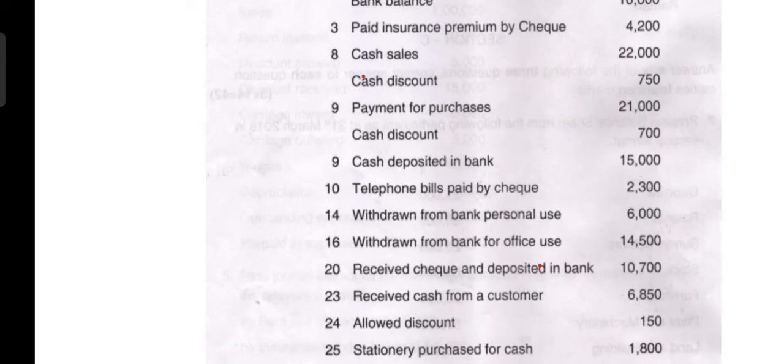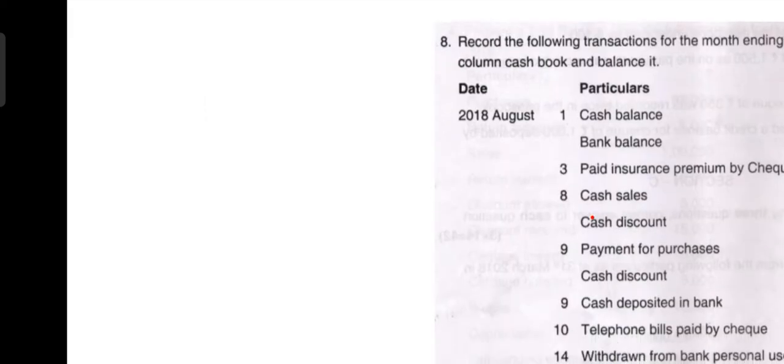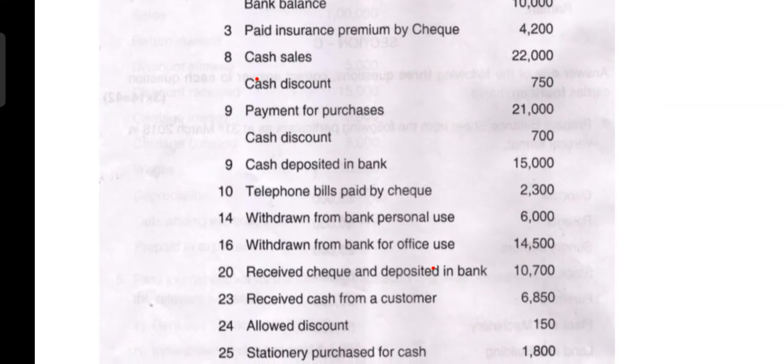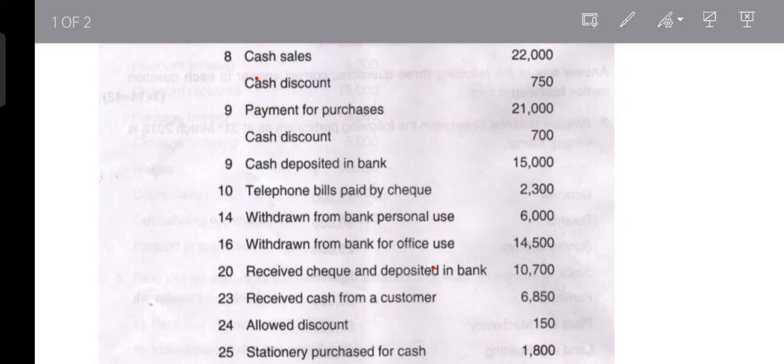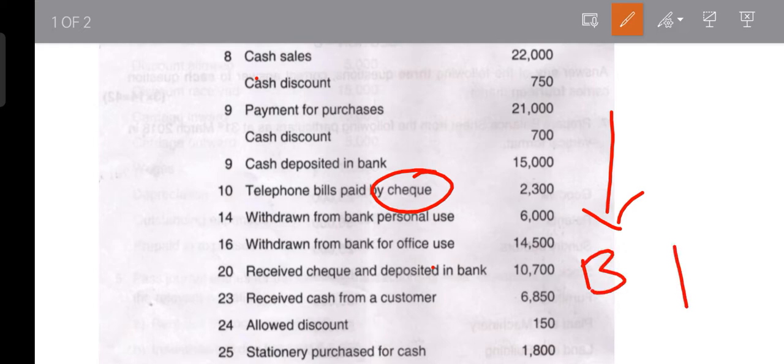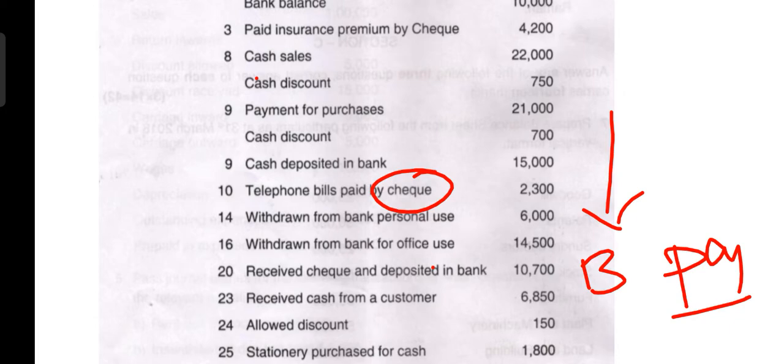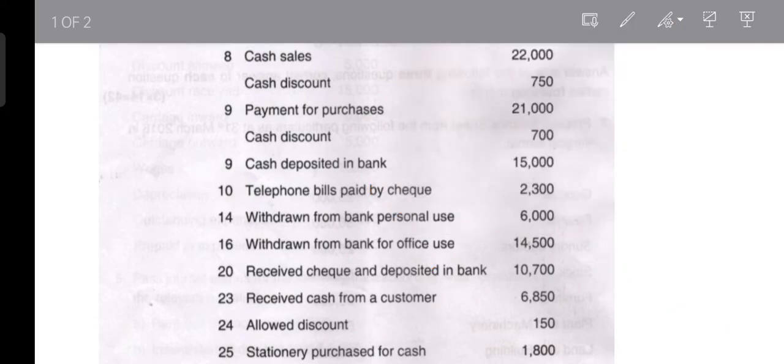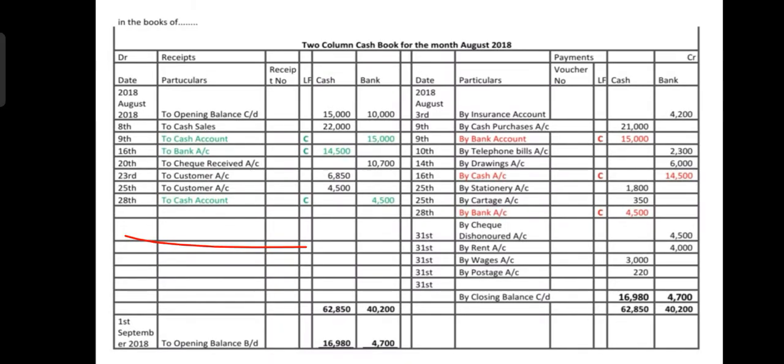Now let us see the next transaction, that is telephone bill paid by check. The telephone bill is paid by check, so now the bank balance is going to reduce. In the bank column we need to record under the payment side. Now let us see whether we did the same. Go to the cash book, see the date.